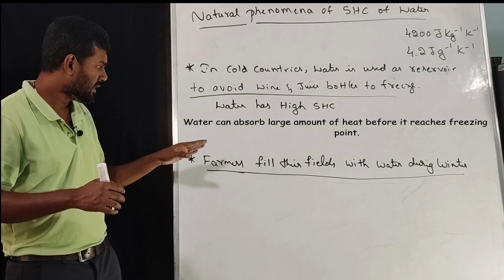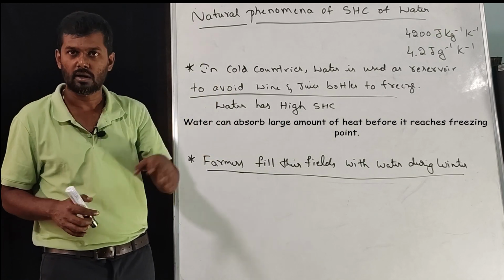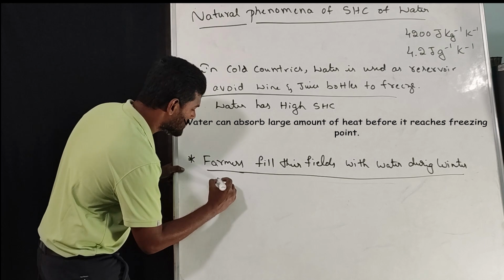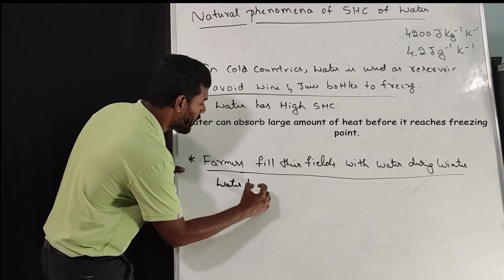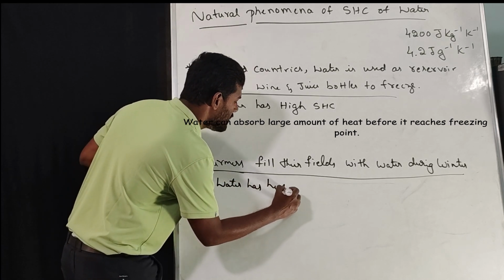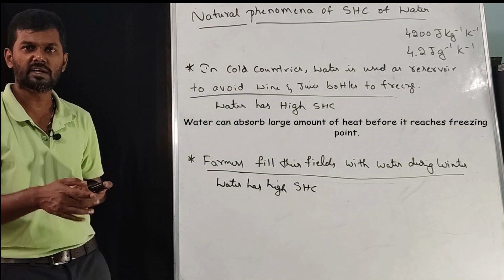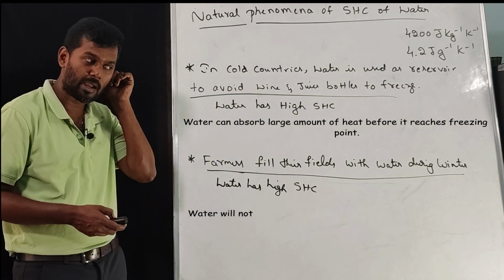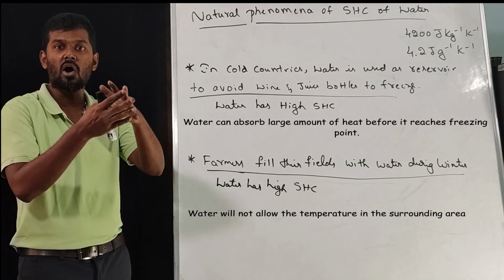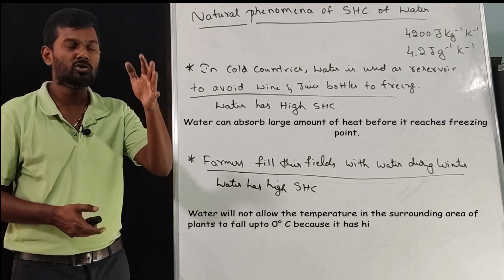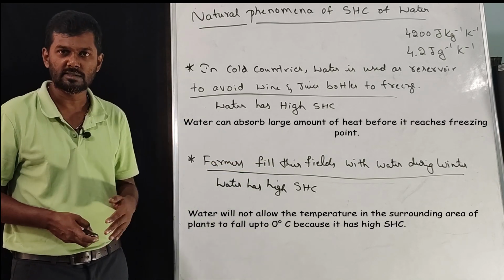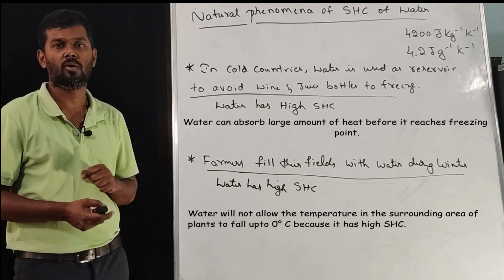So what they'll do is they'll fill the fields with water. Why? Because water has high specific heat capacity, and in the cold temperature time, water requires a large amount of heat to go to the low temperature, so it will protect the crop.